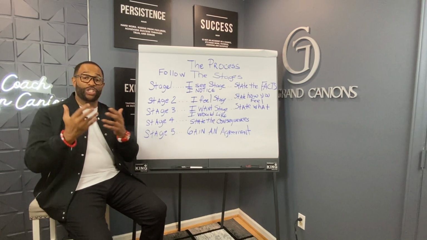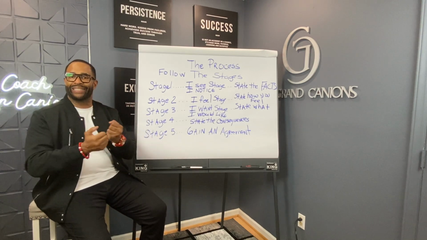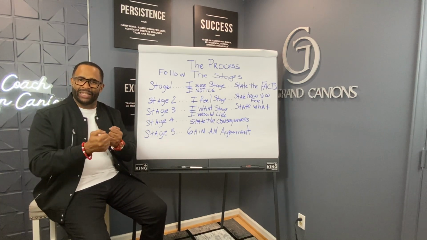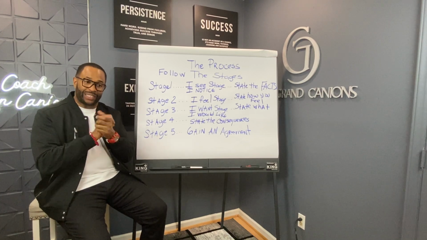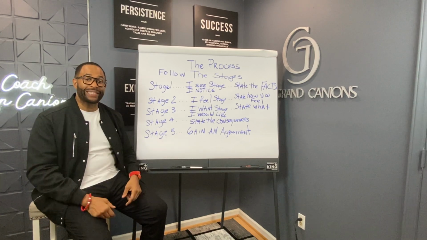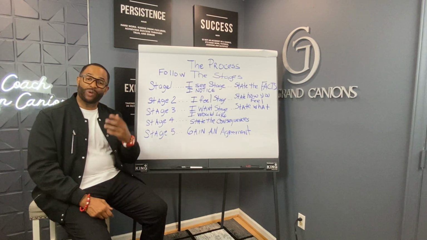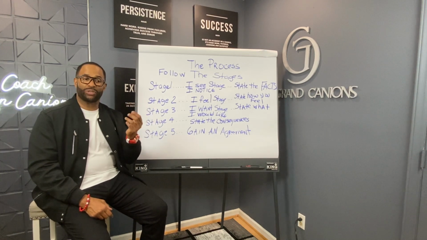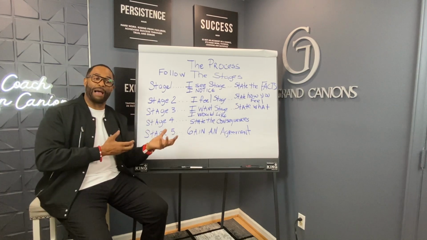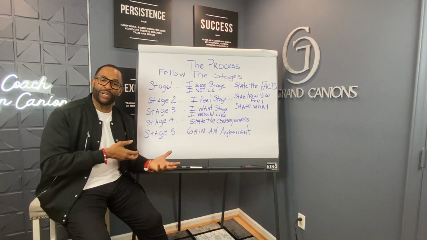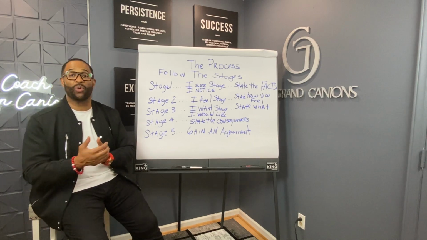Or what can you do? Or you talk about the concept, you talk about the conflict. And then after you discuss it, you always end it with gaining an agreement. Can we agree that you won't do this? Or can we agree that when this happens, when you get angry, you won't slam the door or tear up stuff?